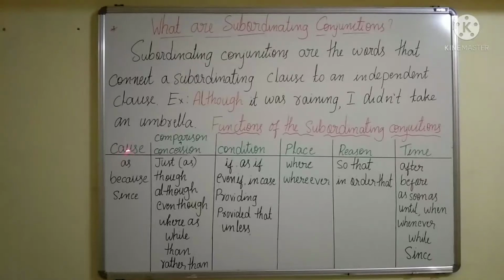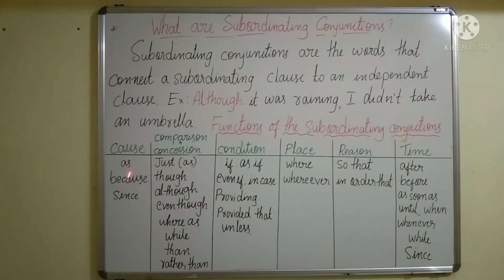Here I have written cause. Yes, we can express cause, comparison and concession, condition, place, reason and time. So these are called the functions of the subordinating conjunctions.